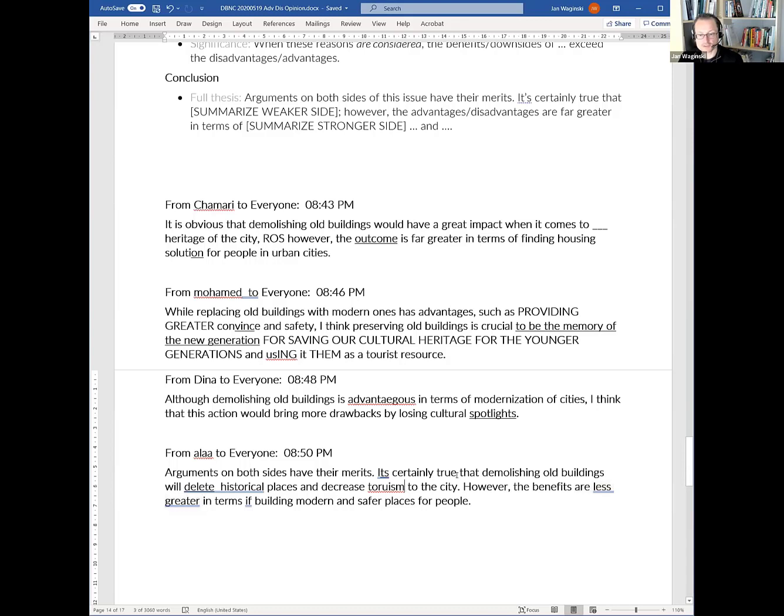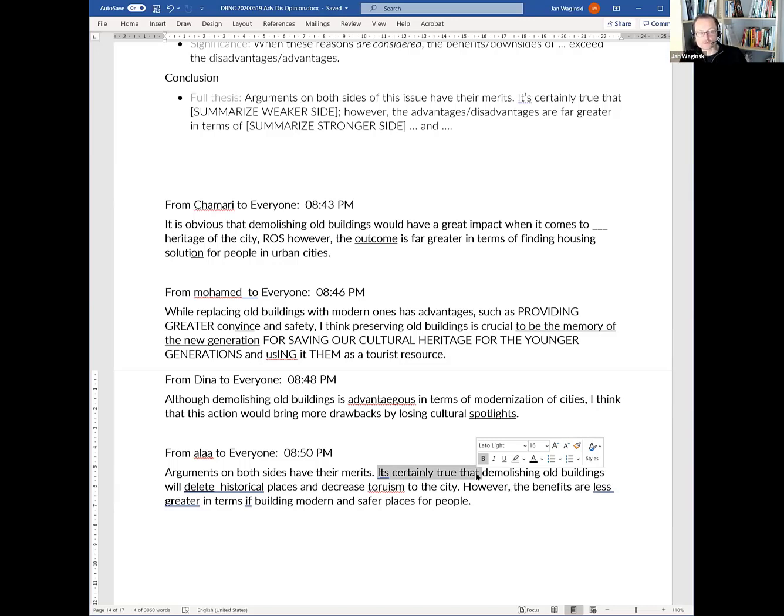Okay, so you're going to argue that the downsides are greater, right? Yes. Okay, start with the side you disagree with. It's certainly true that, that's for presenting the argument that you're going to knock down later. Remember my example of how salesmen operate. If you go to a car dealership and the salesman says, what other cars have you looked at?